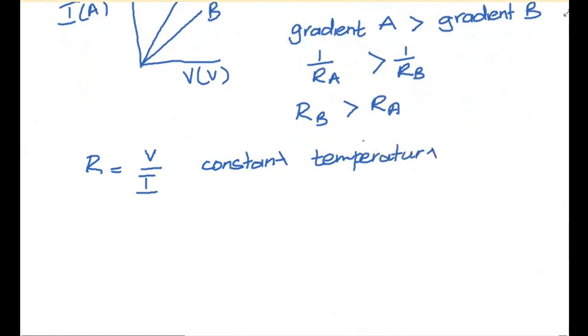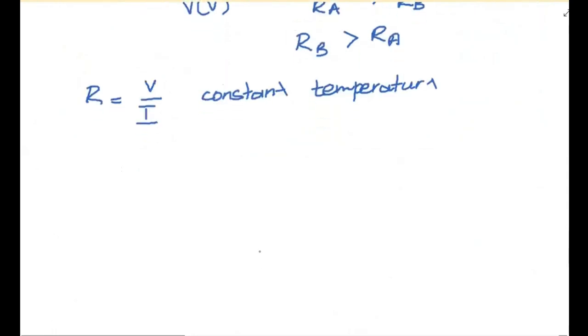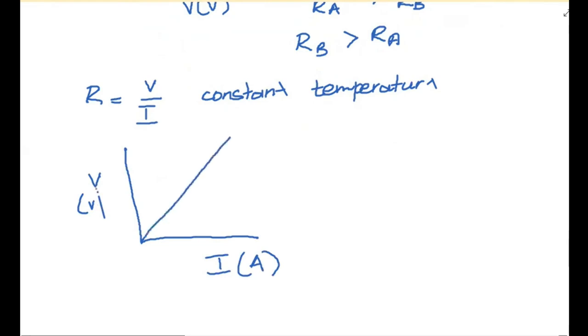So if I look at my graph now, I'm just going to make life easy for us at the moment, and I'm going to plot V versus I. Then that straight line, let's make that A. That means that for A, the resistance of A will follow Ohm's law.